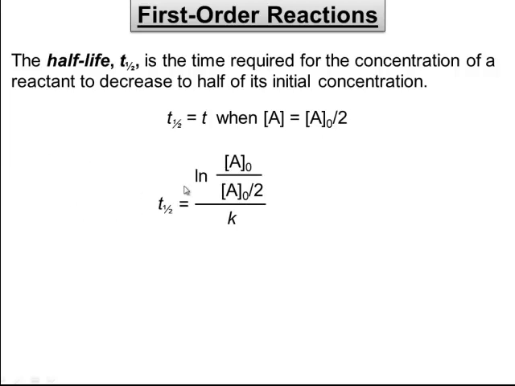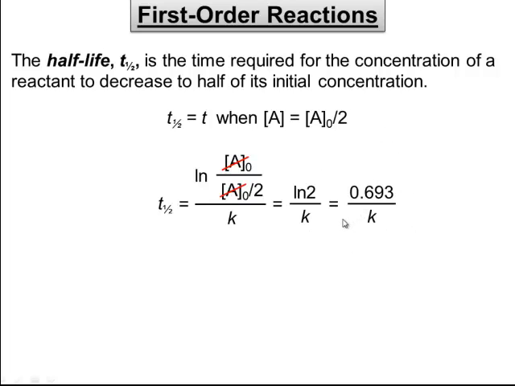Now, I'll derive this mathematically later, that half-life of a first order reaction can be represented as 0.693 divided by the rate constant. That means it doesn't involve any concentration terms, and hence T half of a first order reaction is independent of the concentration of any of the reactants.